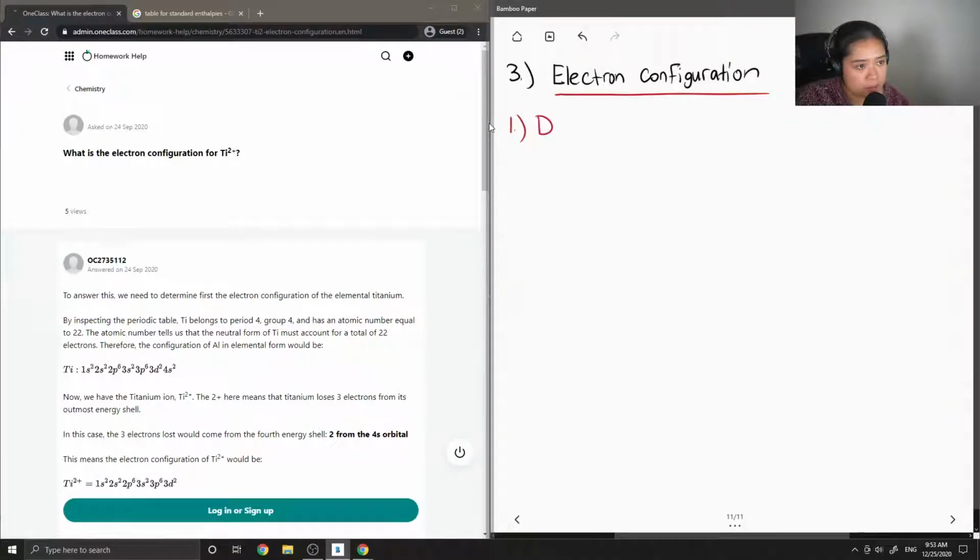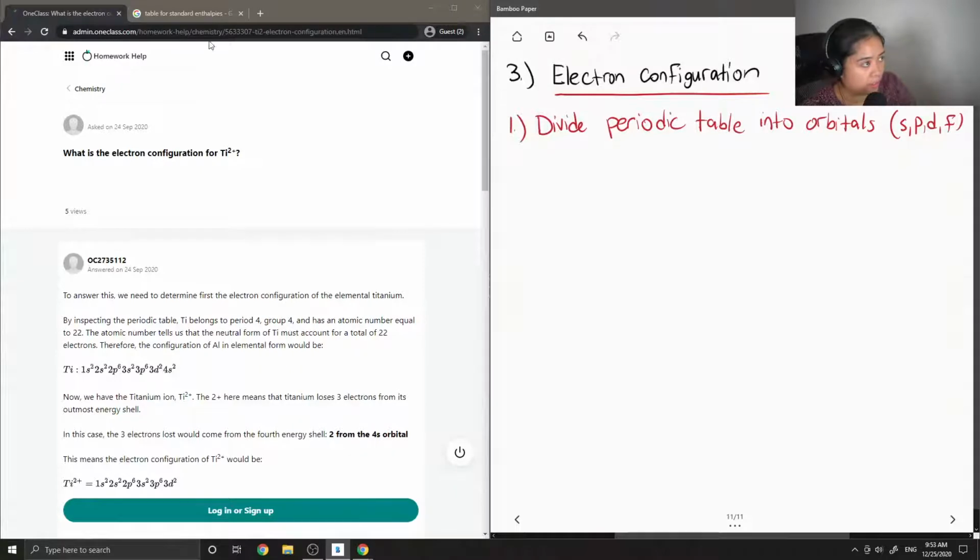One is to divide your periodic table into the different orbitals, so either S, P, D, and F.